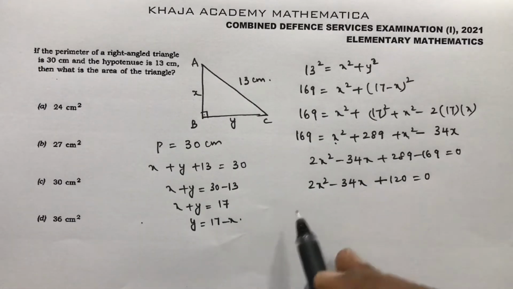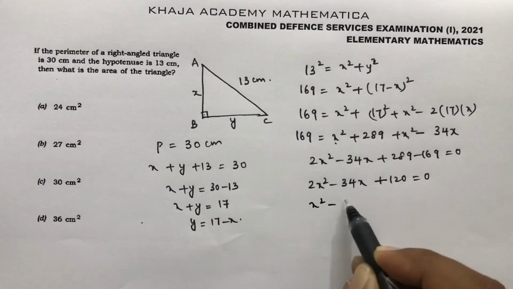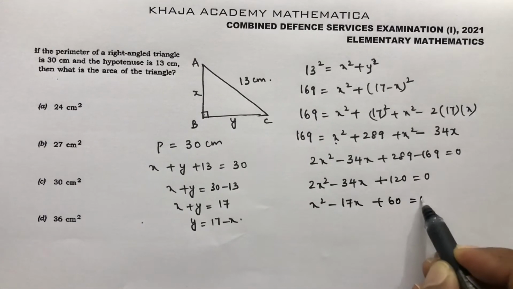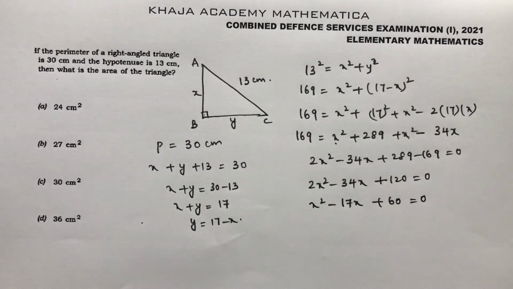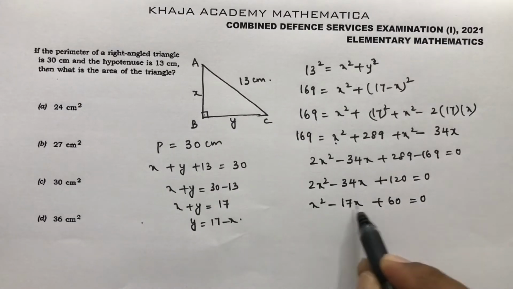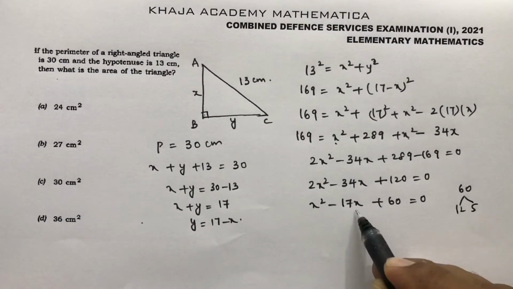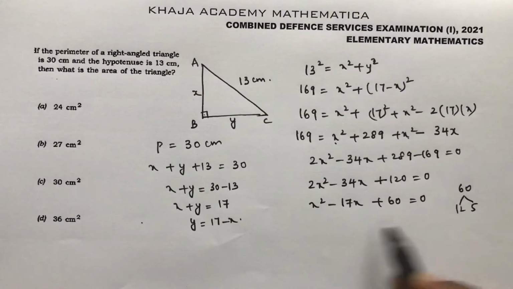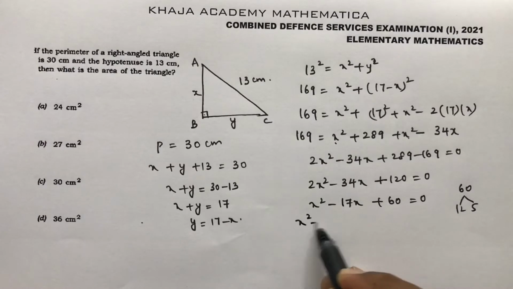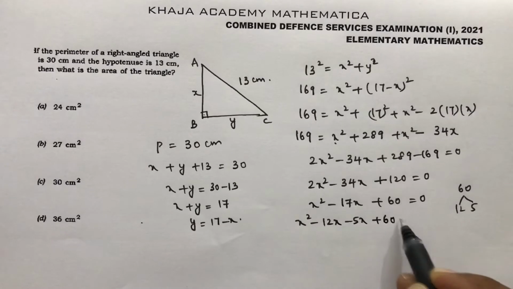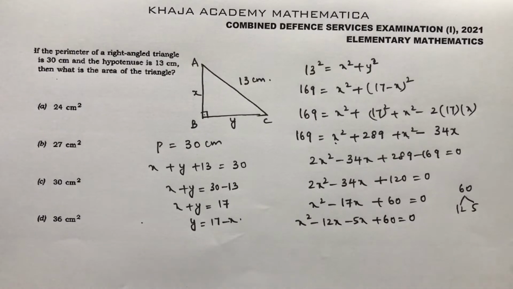Now if I take 2 common, x squared minus 17x plus 60 equals 0. Now the factors of 60 are 12 into 5, and 12 plus 5 gives 17. So x squared minus 12x minus 5x plus 60 equals 0.